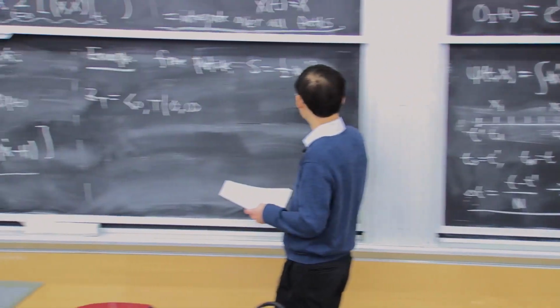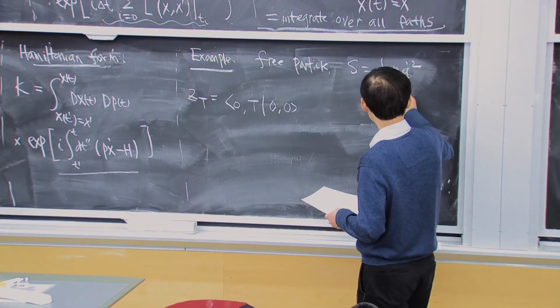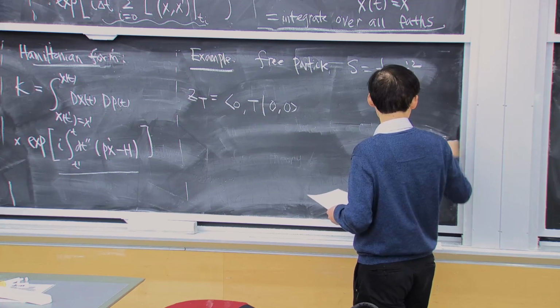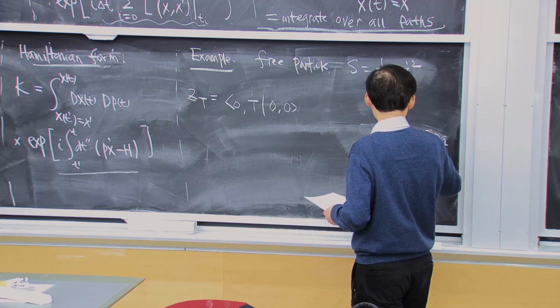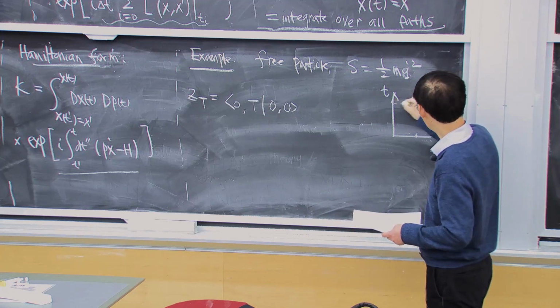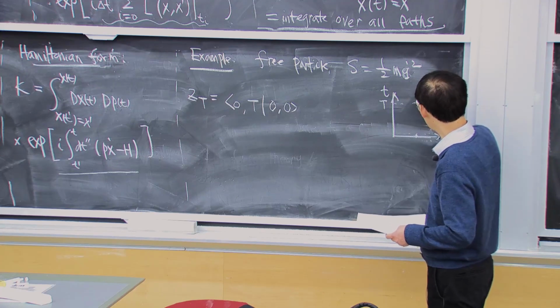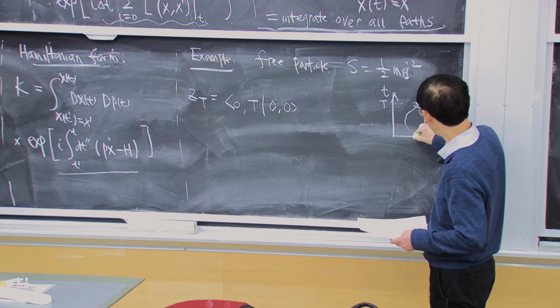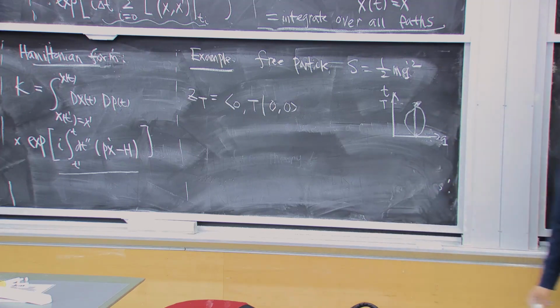So corresponding to this situation, if you call this direction t, and this direction q, at some initial point you are here, and at your final time t, you go back to the same point in q, and then we just sum over all paths here, for a free particle.